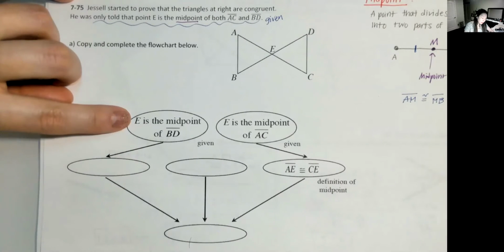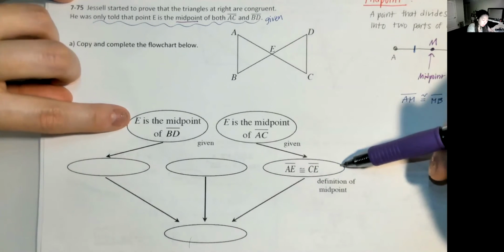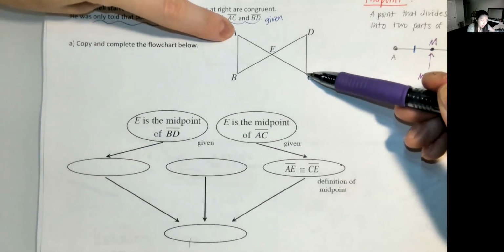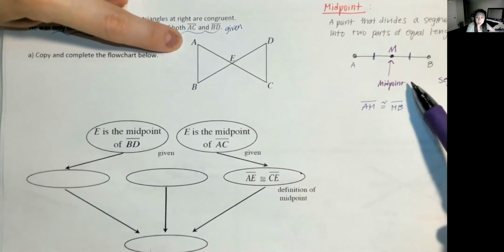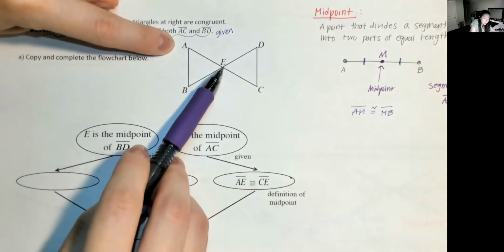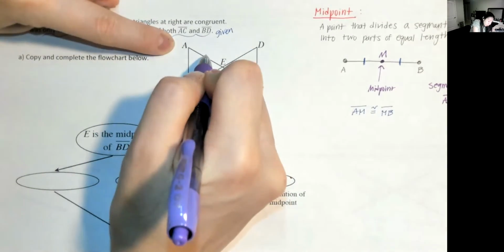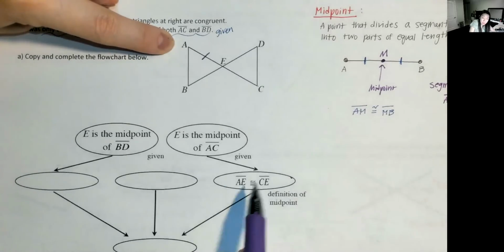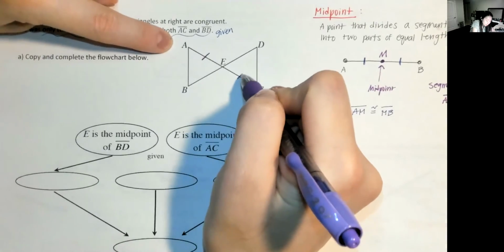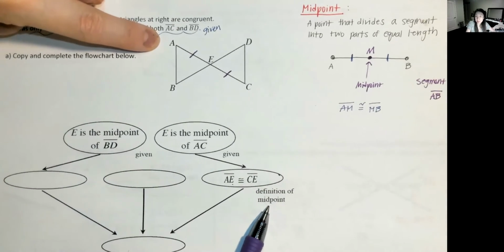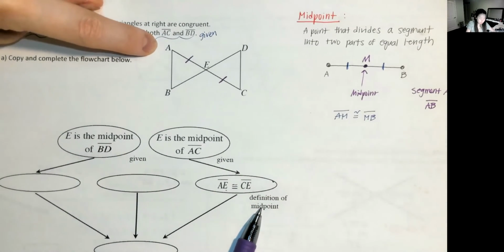And then let's go down here. If E is a midpoint of the segment AC, by the definition of midpoint, now this midpoint is cutting this into two equal parts. Therefore, we now know that AE is congruent to CE. And you can say EC. Again, EC is fine, but that's the definition of midpoint.